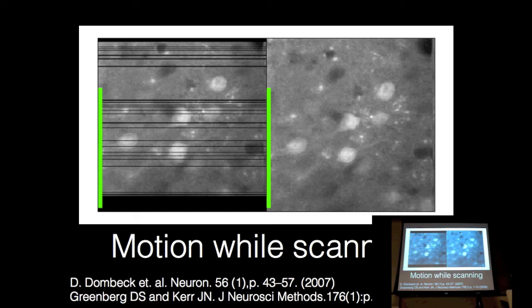There's also another paper with a method that essentially solves the problem in the same way, in that you have to align each subpart of the frame independently. On the left-hand side is the motion-corrected movie, and it basically looks static, except for these blank lines, which are an unavoidable problem because the beam is no longer passing over that portion of the sample, so you don't have any data.